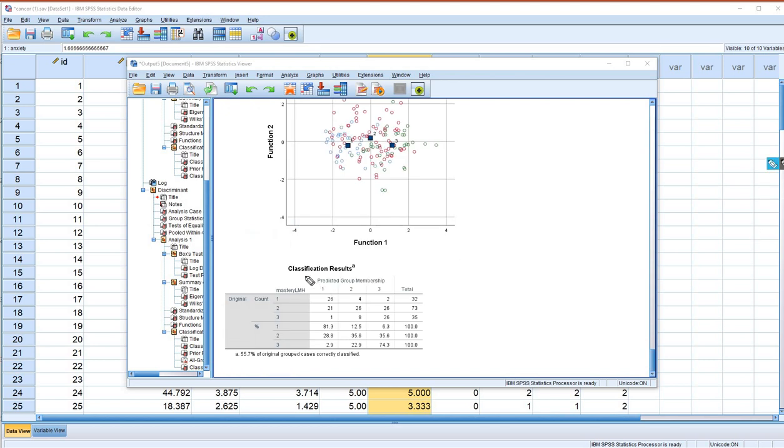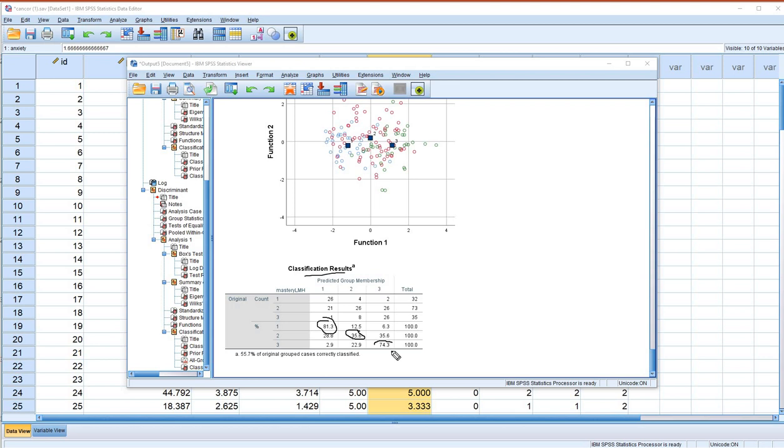Finally, scrolling down to the classification results, you can see that 81.3% of those individuals that fell in the low mastery goals group were correctly predicted to fall into that group by the model. You can see that 35.6% of those individuals falling in the medium level of mastery goals were correctly predicted by the model.